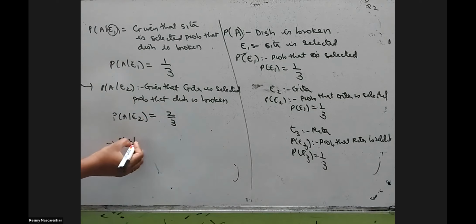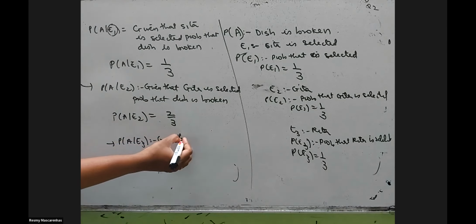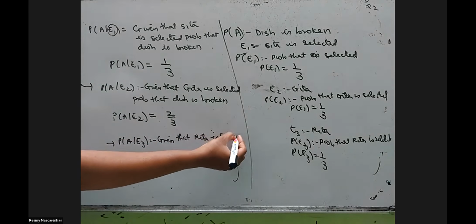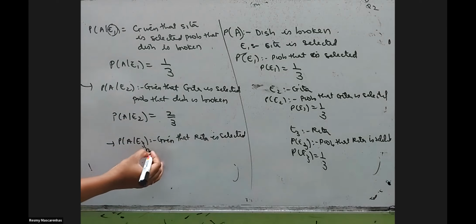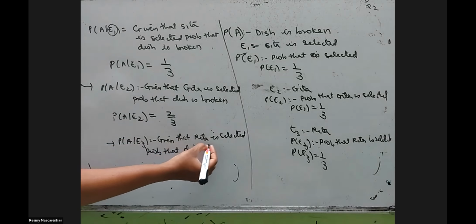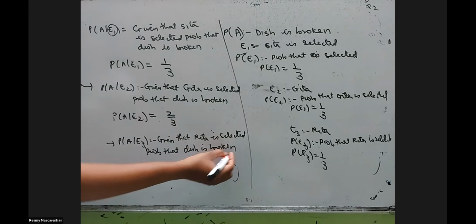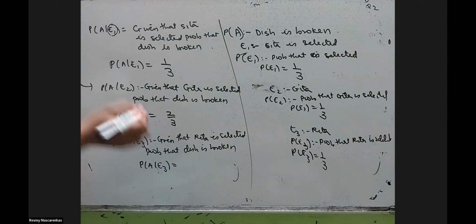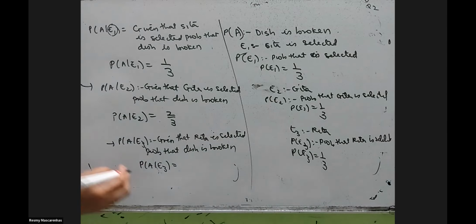P of A upon E3: given that Rita is selected, probability that the dish is broken is 1 by 2.